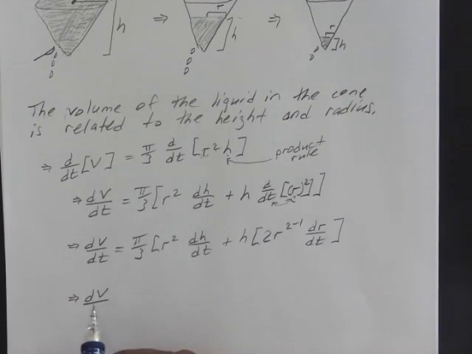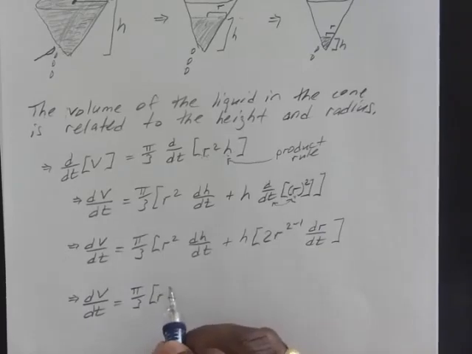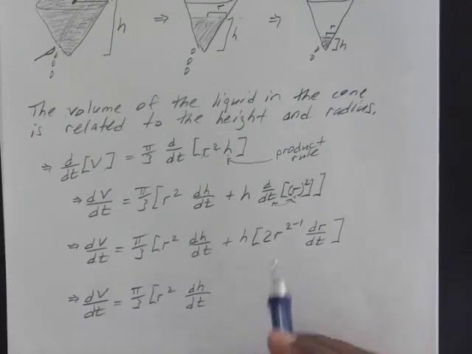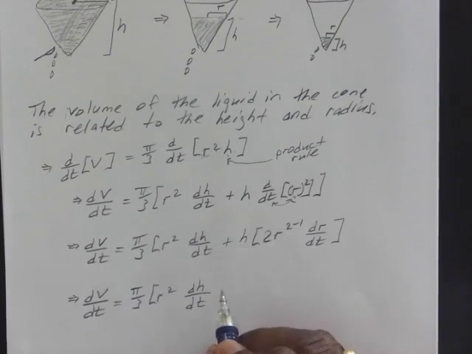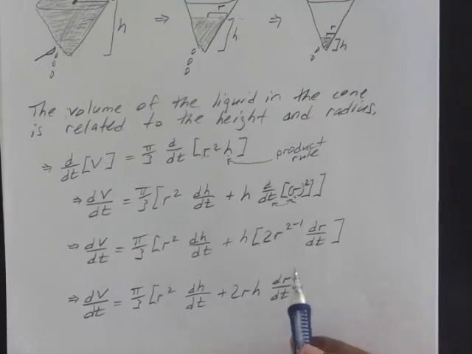Okay, so the rate of change of the volume with respect to time is equal to pi over 3 times r squared times the rate of change of the height with respect to time, plus 2 times r times h times the rate of change of the radius with respect to time.